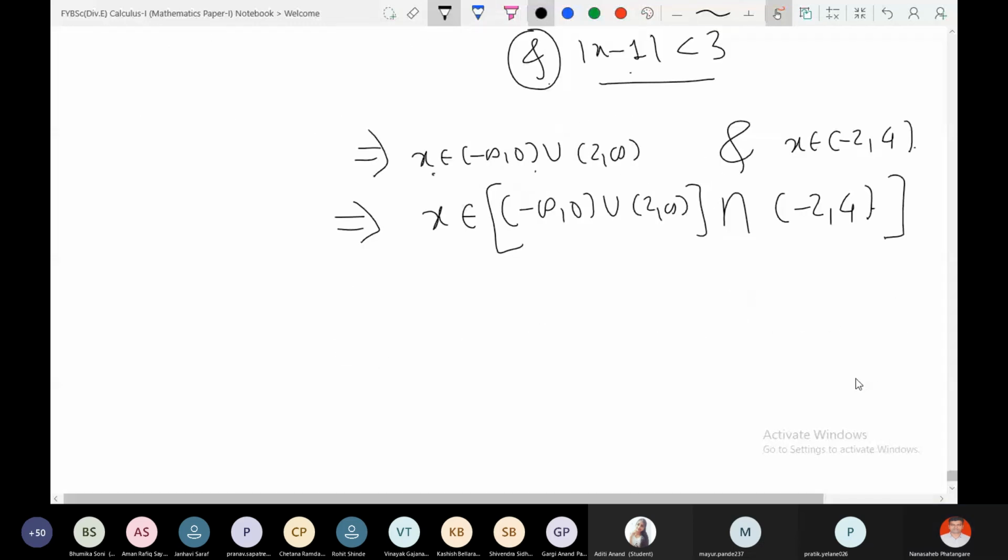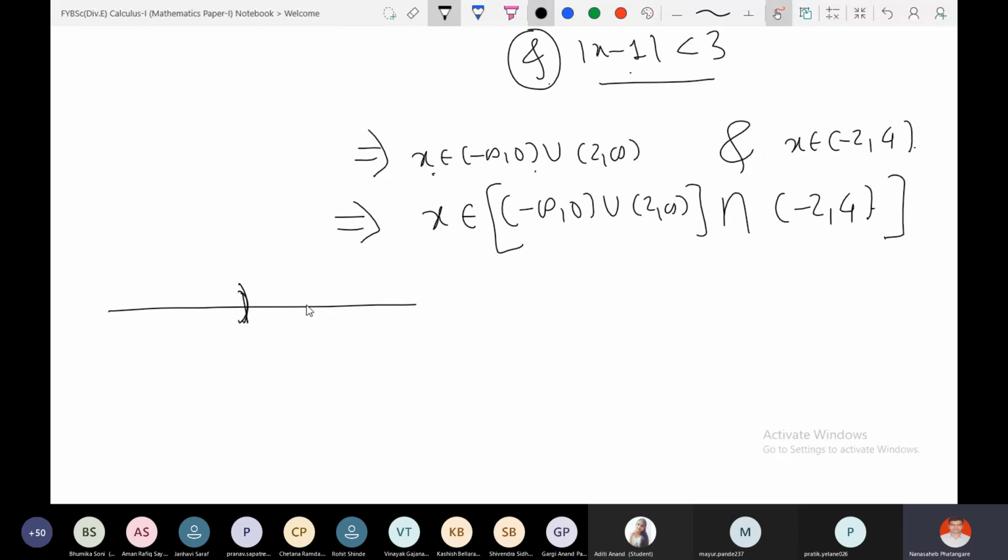Right? Fine. So just draw the picture here. Minus infinity to 0 union 2 to infinity, this is the first part. Here 0 and here 2. So this onward is the first part. And what is the second part? Minus 2 to 4.